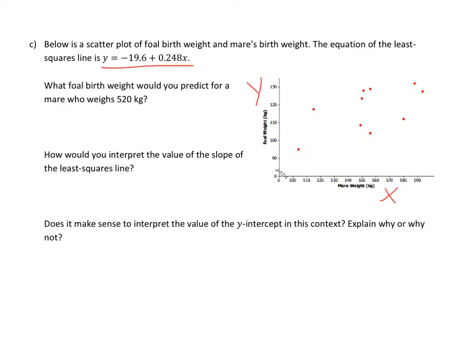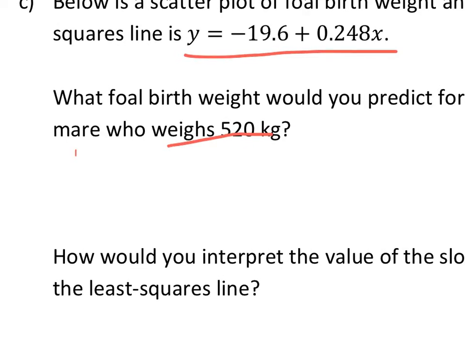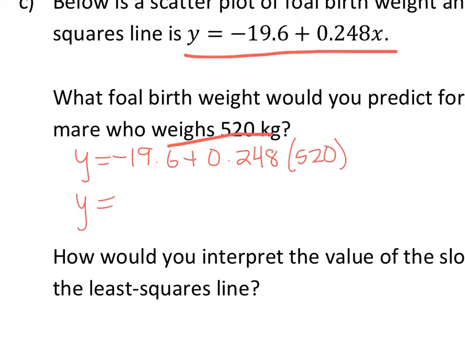So if we are looking at a mare weight of 520, that refers to an x value. So we're going to go ahead and plug in 520 in for x in our equation. y equals negative 19.6 plus 0.248 times 520. Plug that into your calculator, and you would get 109.36 kilograms.